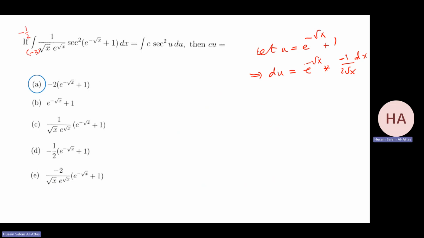So I need to make minus half outside. So this integral will be minus half, and all of this will be du.